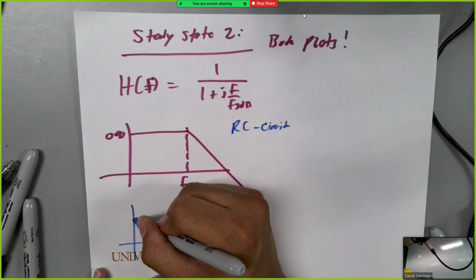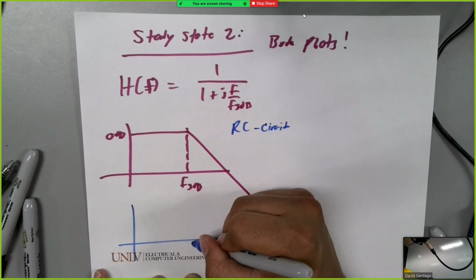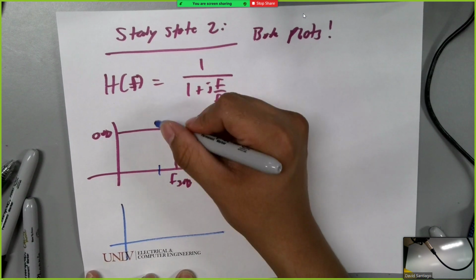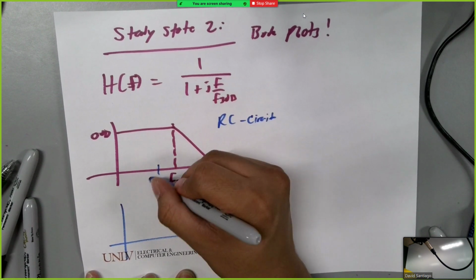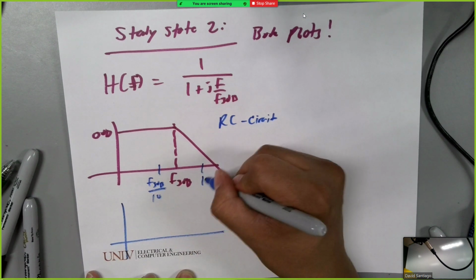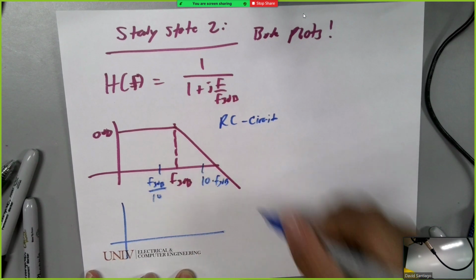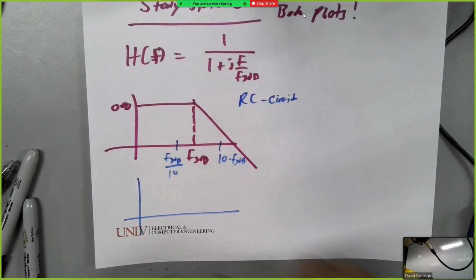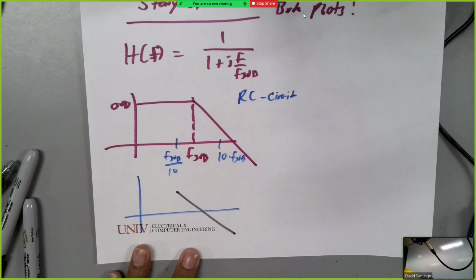I'll give you a hint. Okay, actually, do I want to do this? Okay, what's 1 decade up there, 1 decade down there? F3 dB divided by 10. 10 times F3 dB. You guys are killing me. Okay.